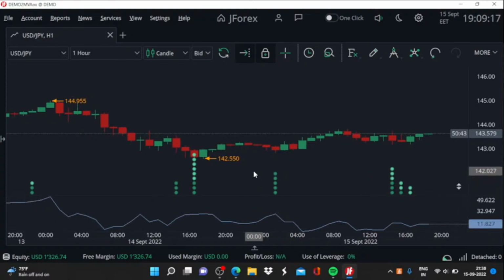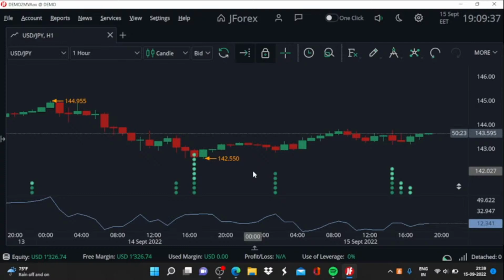Now its concept is fairly simple. It takes into account the difference between the positive directional index and the negative directional index. So if we have the positive directional index above the negative directional index, then we will have the difference on the positive side.